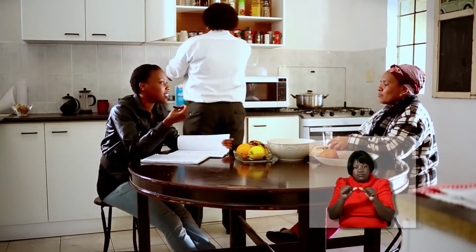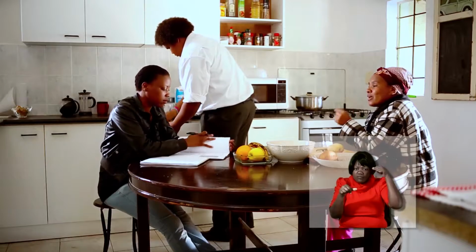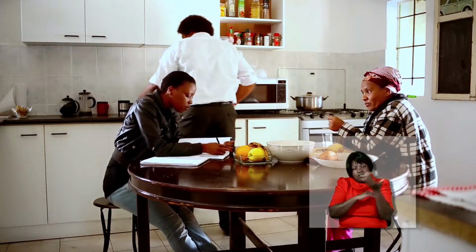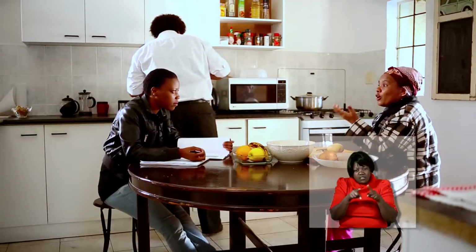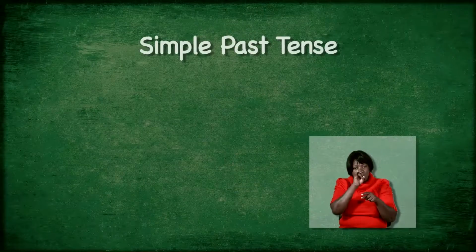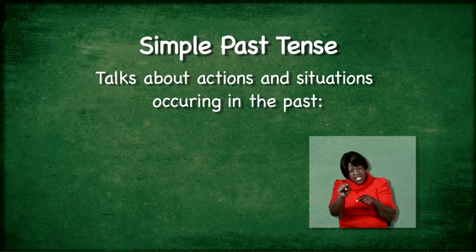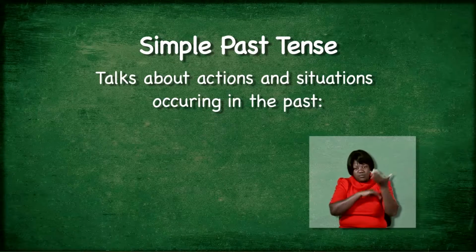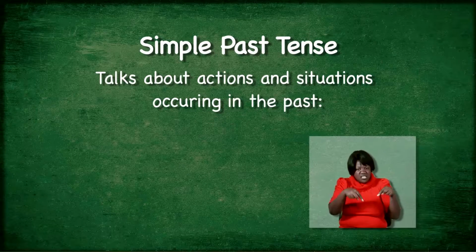The next simple tense is simple past tense. What is interesting to remember about the simple past is that it is the same for all persons involved, whether it is I, you, he, she, them. The simple past tense talks about actions or situations occurring in the past.